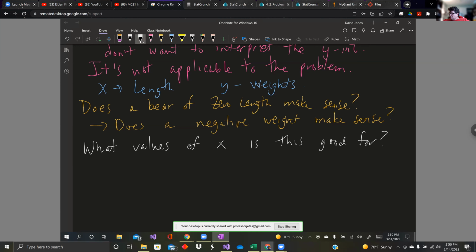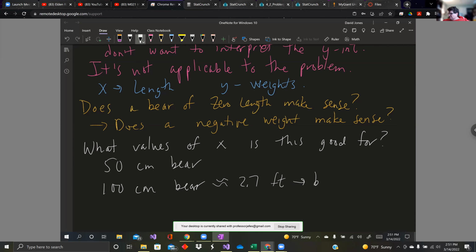Like 50 centimeter bear, 100 centimeter bear. 100 centimeter bear is 1 meter. 1 meter is about 2.7 feet.